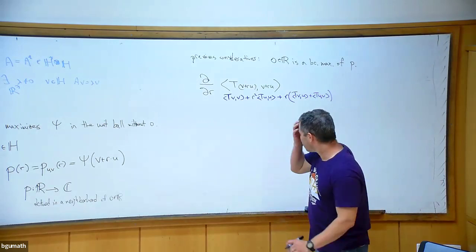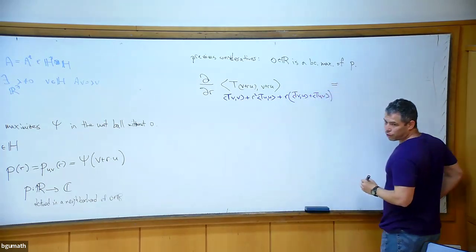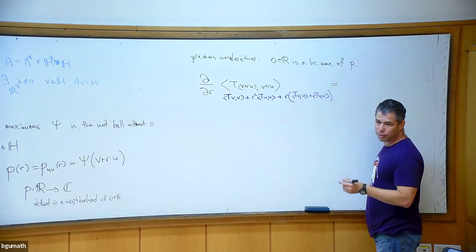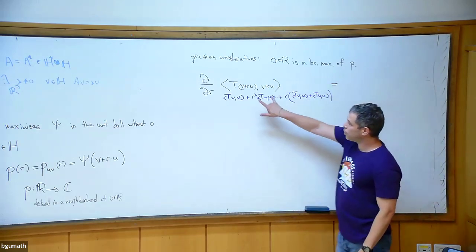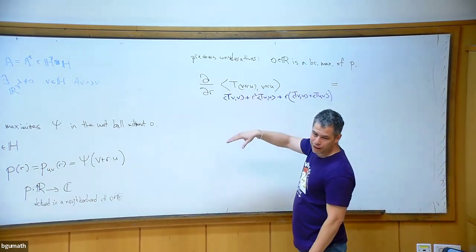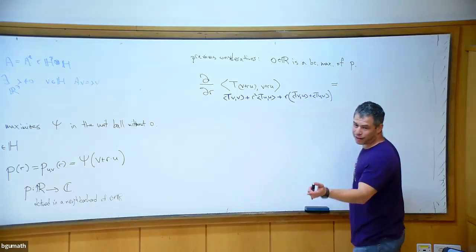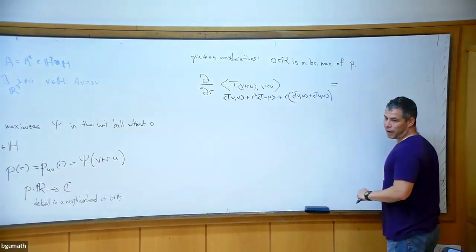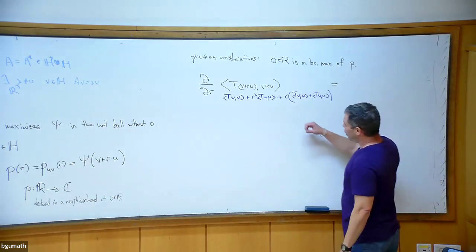And so I can take the derivative. I'm first taking the derivative of such a form, and then I have a quotient of two such things with different T. One time it's the identity, one time it's A. So when I take the derivative of this thing, what do I get?